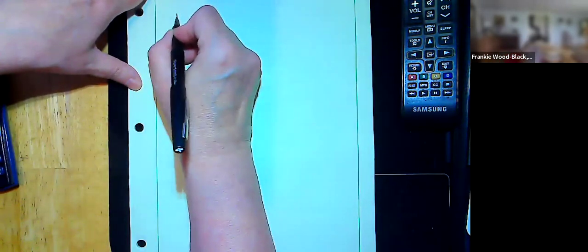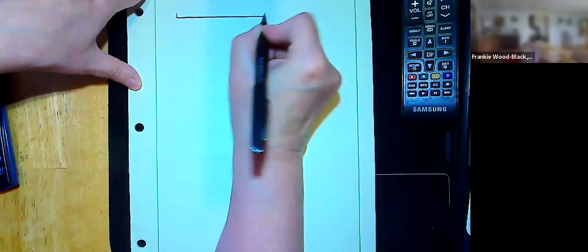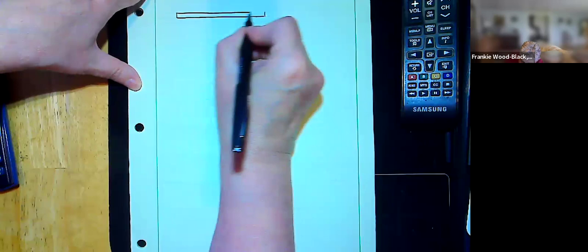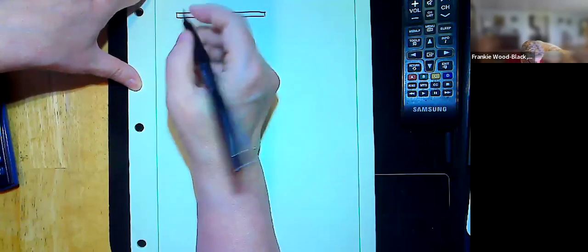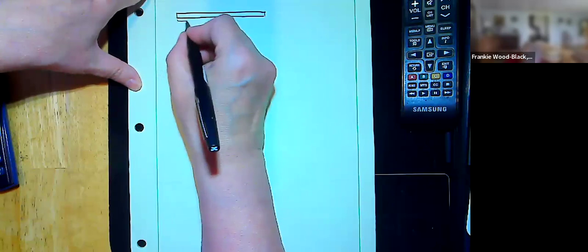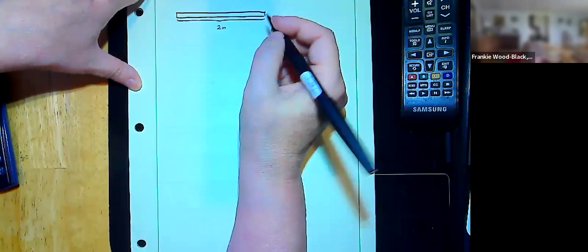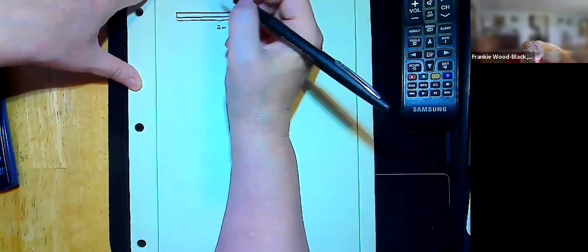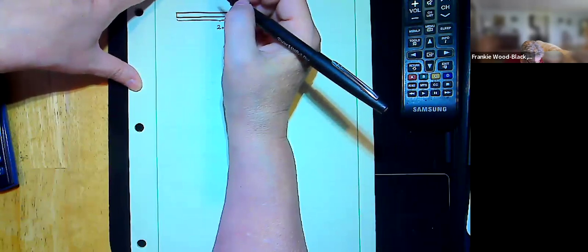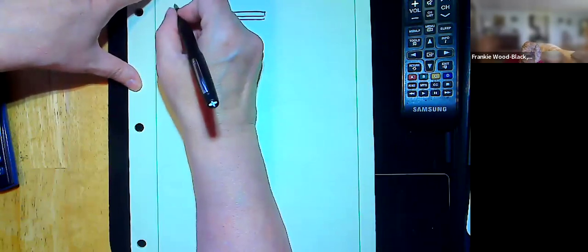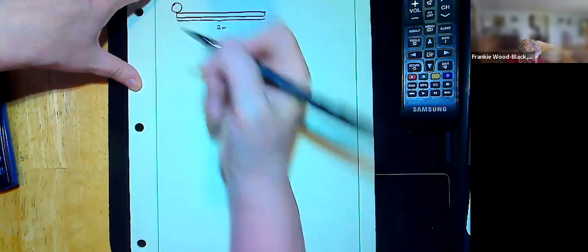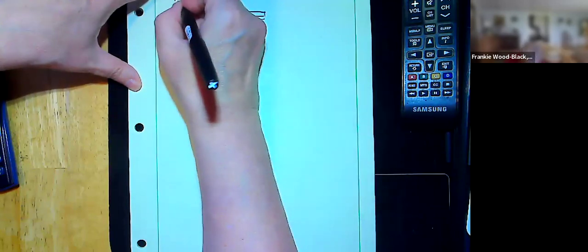All right, let's do an equilibrium problem. So we're going to get a plank, and our plank is 2 meters long. We're going to put an object here at the very end that's 25 kilograms.